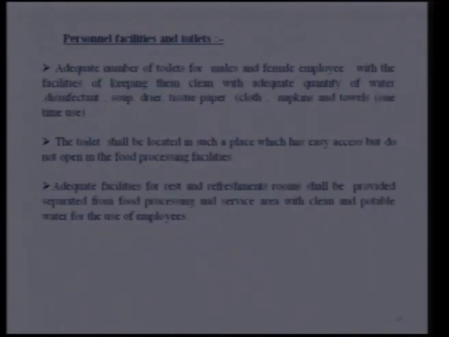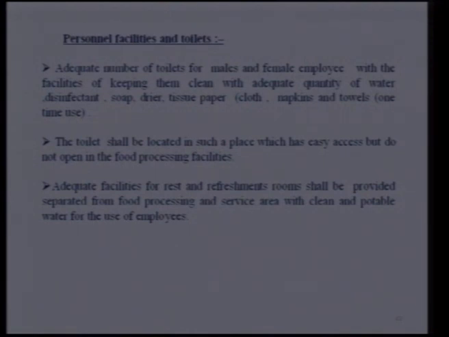Personal facilities and toilets. This is also important. The workers and other personnel working in the processing hall, both female and male, should be provided with adequate toilet facilities. The toilets and wash basins depend on the number of workers. Generally, for every 25 workers, one toilet and wash basin should be provided.